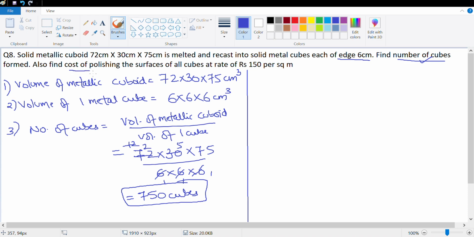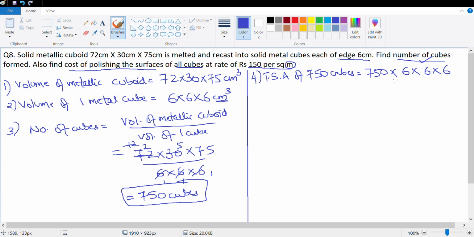We need to find the cost of polishing all cubes at the rate of 150 per square meter. So this is in meter, and the numbers that we are working on right now are in centimeter. We will be polishing the surface area. Let's calculate the surface area. So the total surface area of 750 cubes would be equal to 750 multiplied with the surface area of 1 cube, which is 6L square. In this case, 6 into 6 into 6.